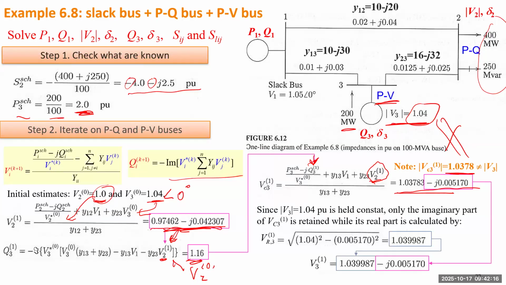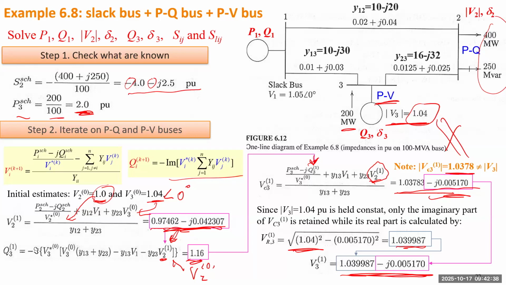We use the imaginary part and the calculated real part to form the phasor for bus 3. So this one will have the absolute value 1.04, the same as the voltage of the PV bus. By now, we have only finished the first iteration.